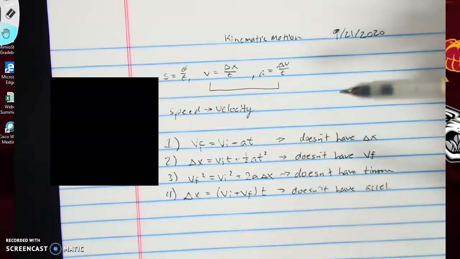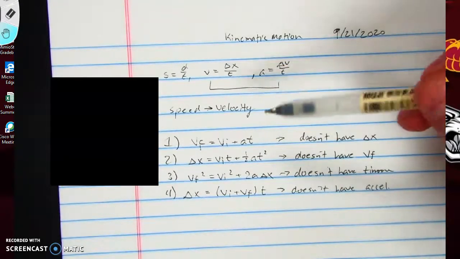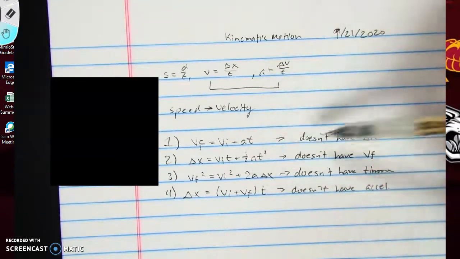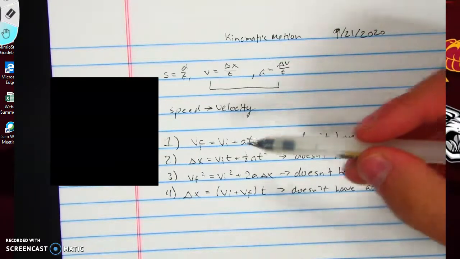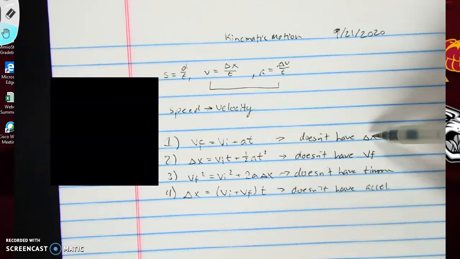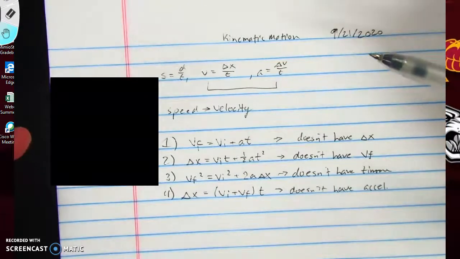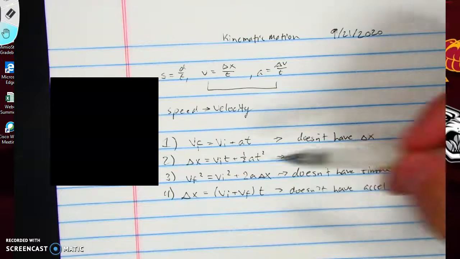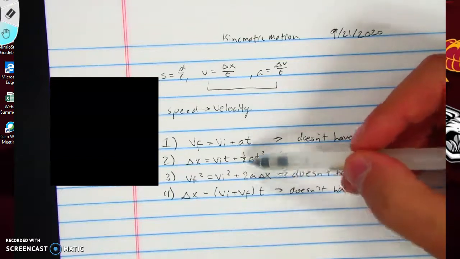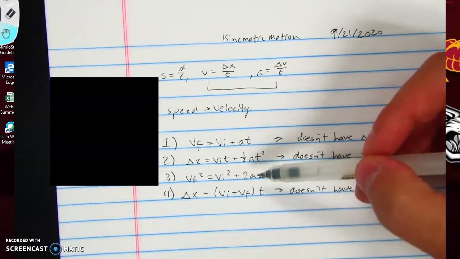So, once again, these are the variables each equation does not include. If you have a question where you're trying to find your delta x, how far something went, the first one is not the play. The second and third are probably what you're most likely to use.